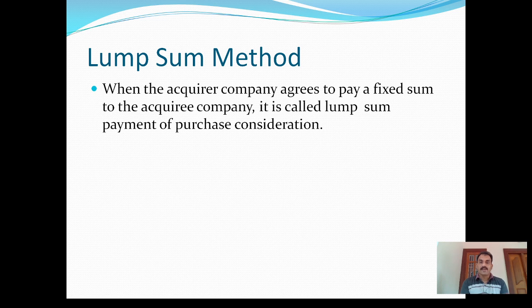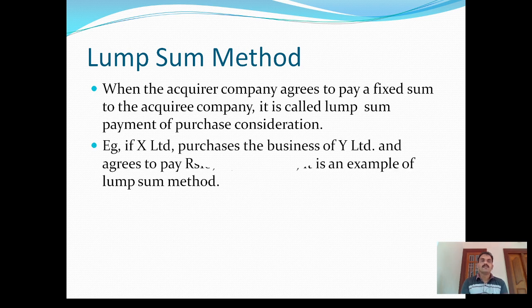When the acquirer company agrees to pay a fixed sum to the acquiring company, it is called a lump sum payment of purchase consideration. Suppose A Limited takes over the business of B Limited and agrees to pay rupees 5 lakh in cash. Then we can call it as lump sum method.